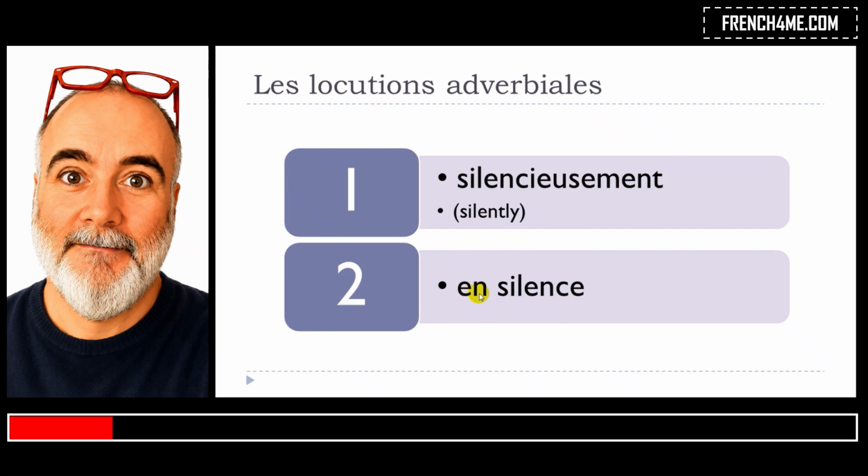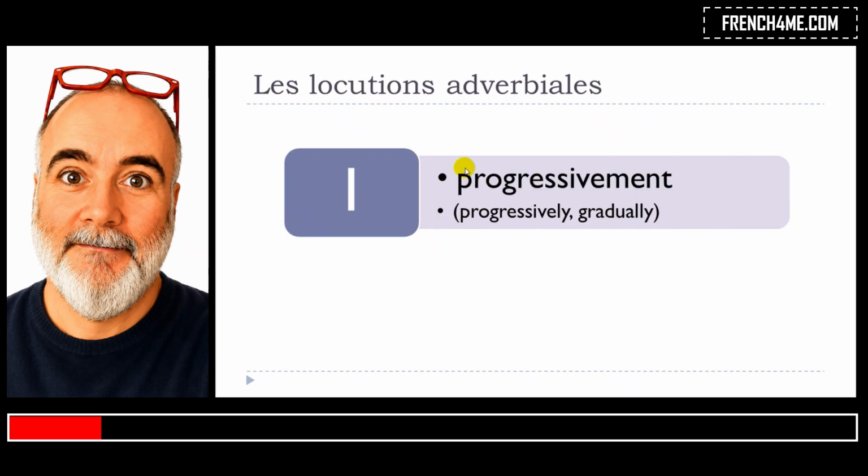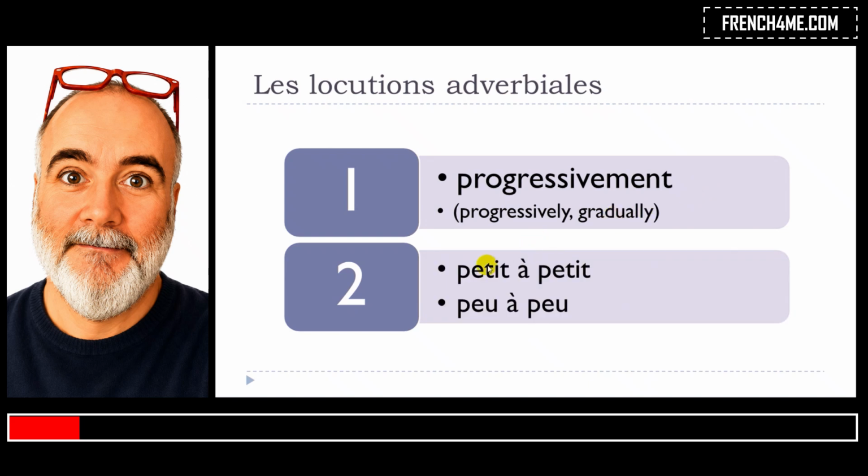Silencieusement, en silence. Progressivement, or then you could use whether petit à petit or peu à peu. Okay, so progressivement or petit à petit ou peu à peu.